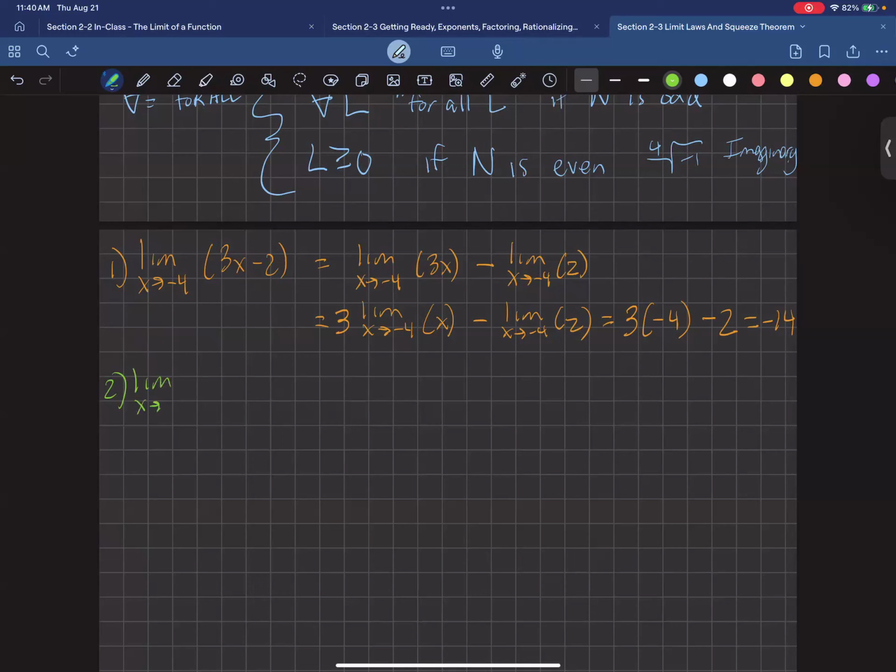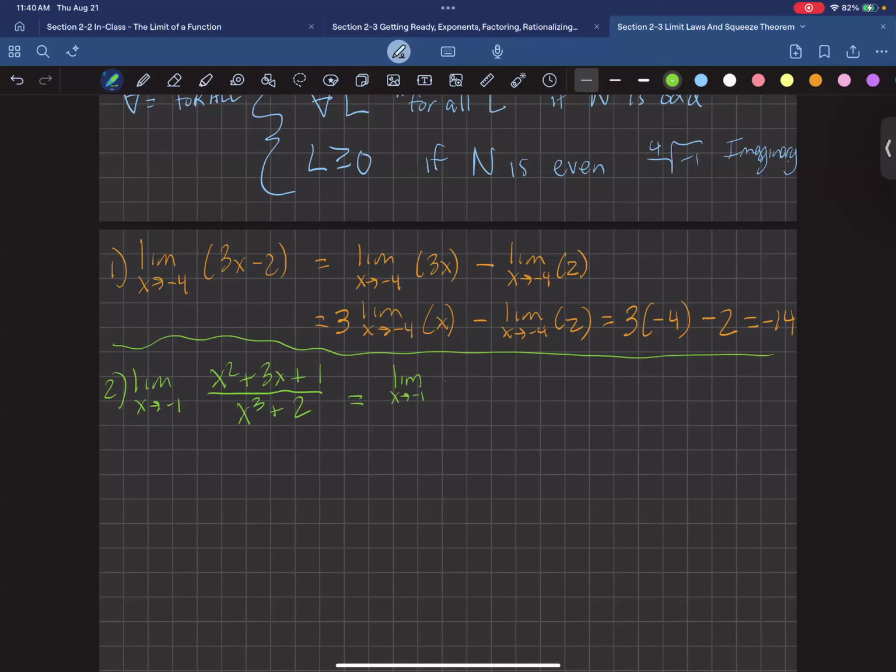Limit as x approaches -1 of x squared plus 3x plus 1 over x cubed plus 2. Here we can apply the limit to everything individually.